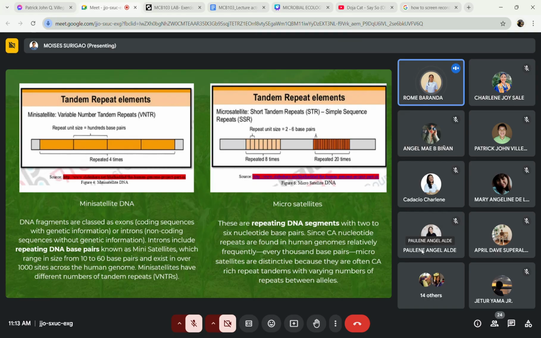They are also critical for determining identification. So again, about 10% ng human genome is made up of repetitive sequences known as mini satellites and microsatellites, which yun yung parang basis ng ating variations as humans. And then this make up actually the human genome. So next slide, please.